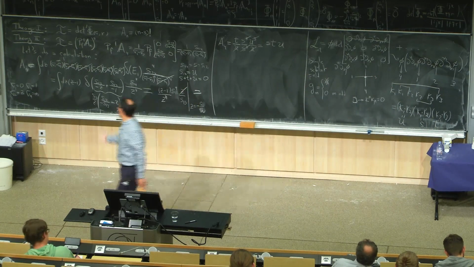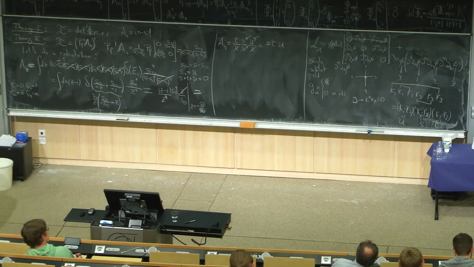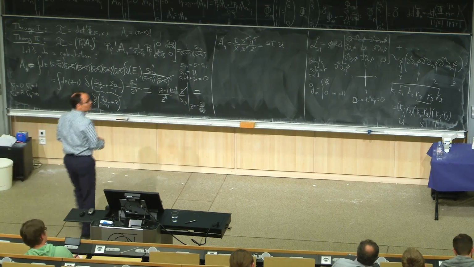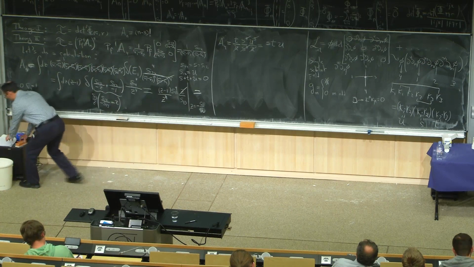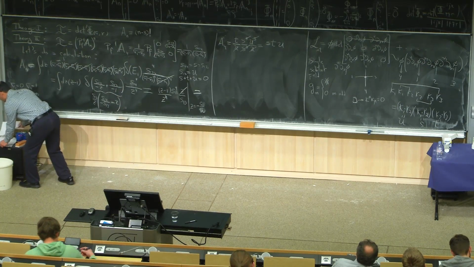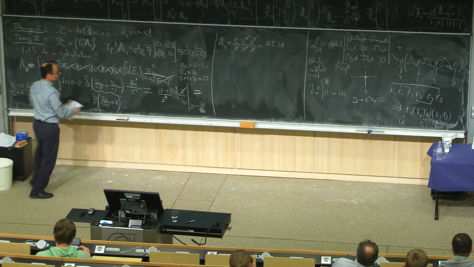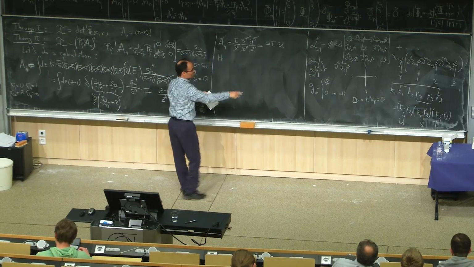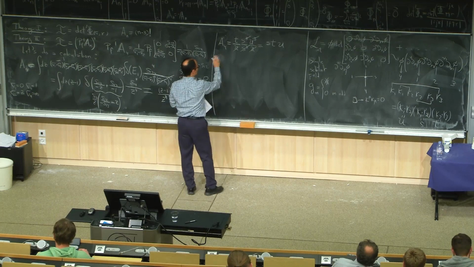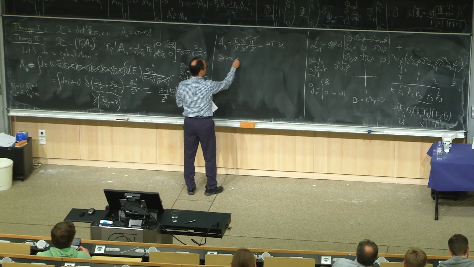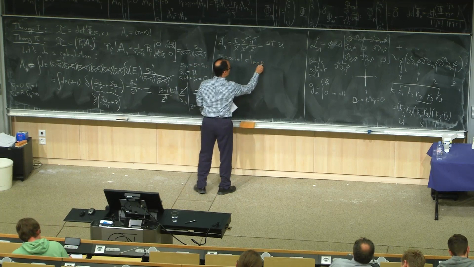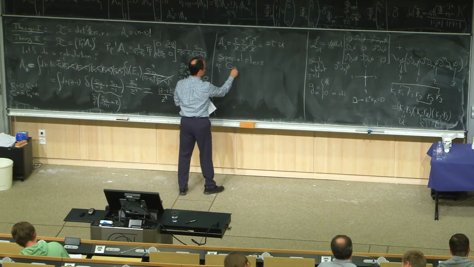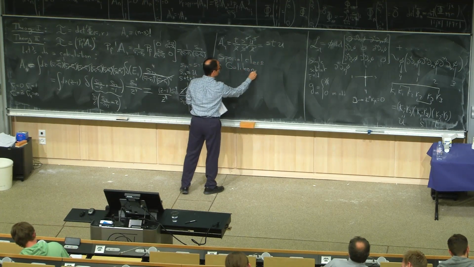So we found that this wasn't a crazy thing to do. There is a theory out there that does this. So I'm going to give you a reference. So you can find this is a special class of what are known as Galilean theories.